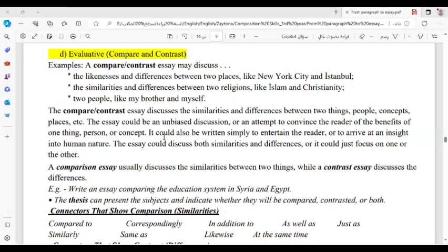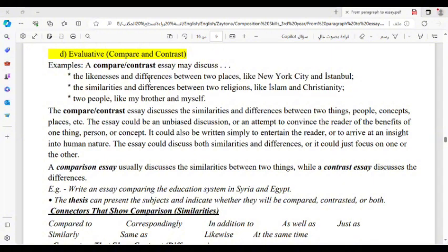Okay, so the essay could be an unbiased discussion. When I say unbiased, it means that it is fair. You are just giving information, the similarities or differences, without any influence by any point of view, by any other people's opinions.